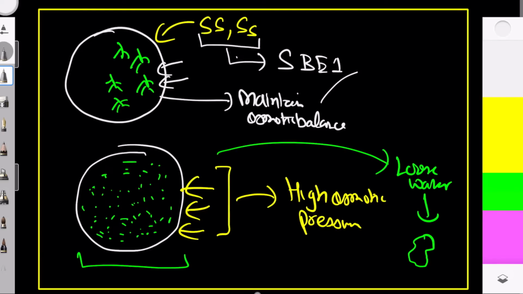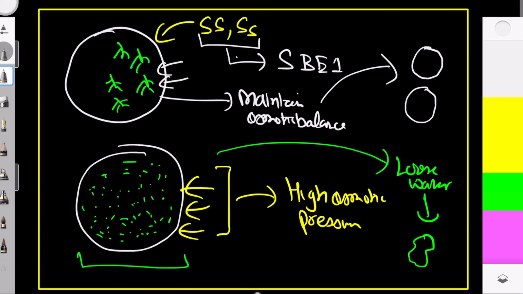With the development, you are not going to see the loss of water. So here the seeds are going to retain the water. So there is no pressure from inside that water must be lost. So in this situation, the seeds are going to retain the shape, round shape.